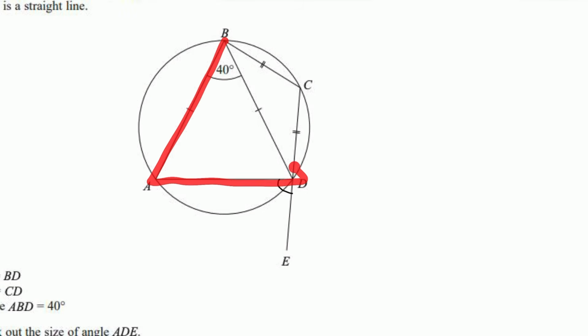Well, I know this triangle is an isosceles triangle because of them two lines. Well, what does that tell me? Well, that then tells me that this angle here and this angle here are the same.